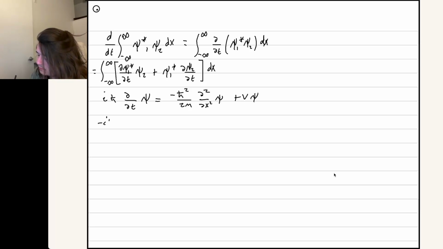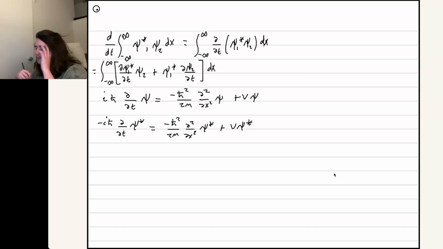You can also write the complex conjugate of the Schrodinger equation, plus v psi star. It's equally valid and necessary for this problem. Now just plug these into our integral.